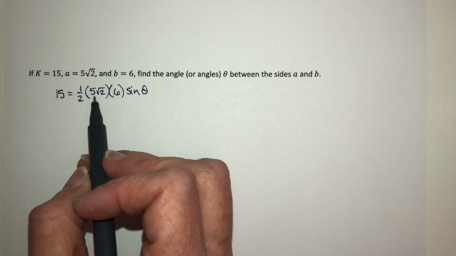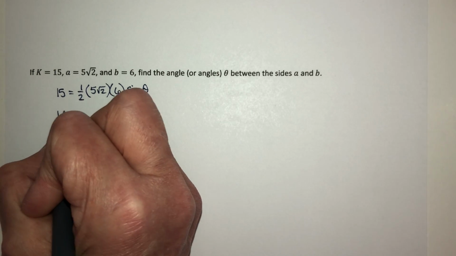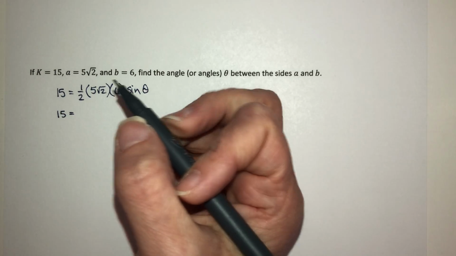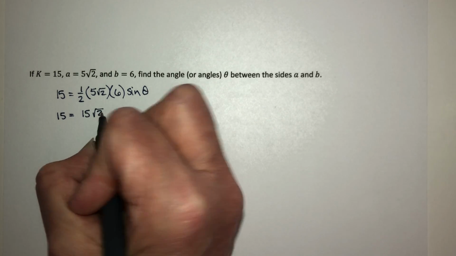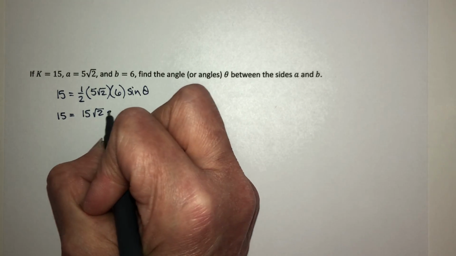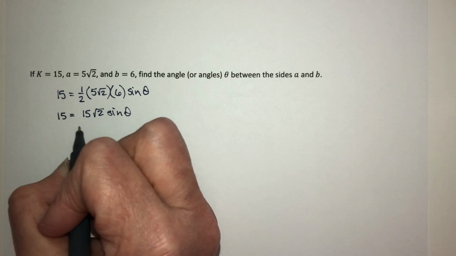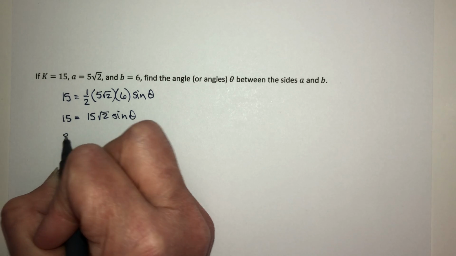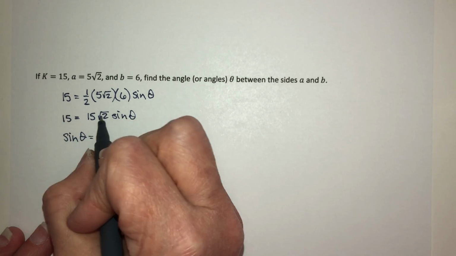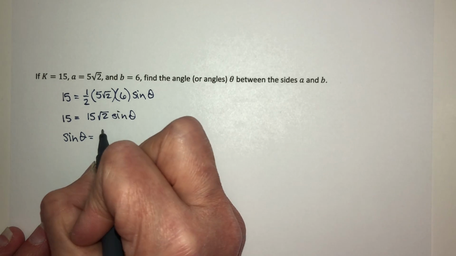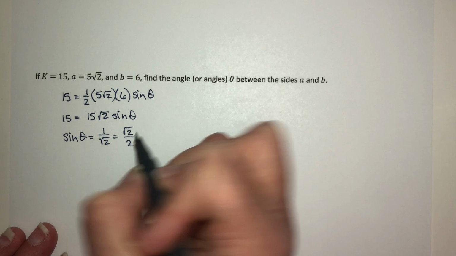So multiplying all of this, I got 15 is equal to 15 square roots of 2 sine of theta. And solving this for sine theta, I get 15 over 15 square roots of 2. It's 1 over square root of 2, which is the same thing as square root 2 over 2.